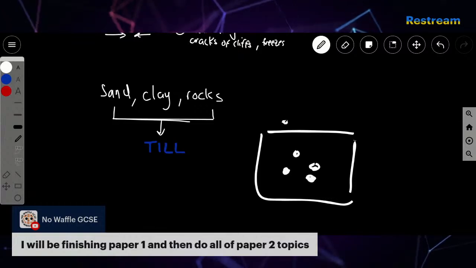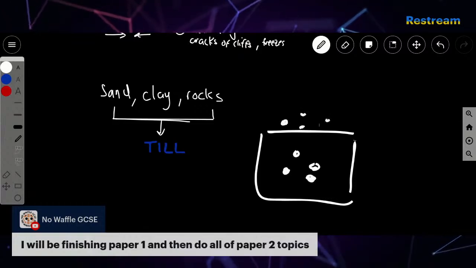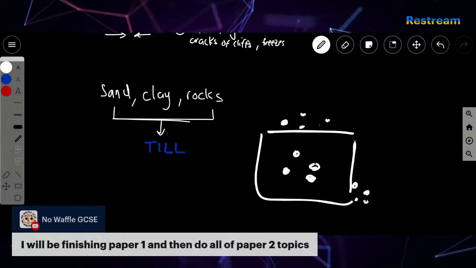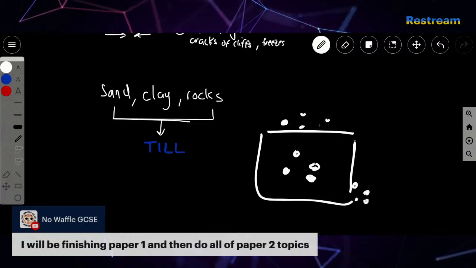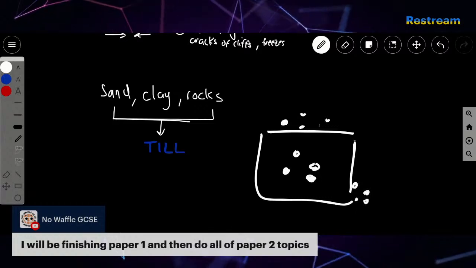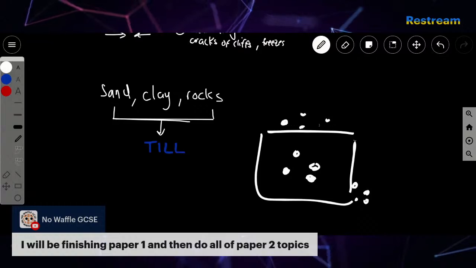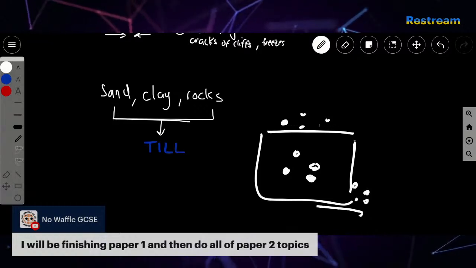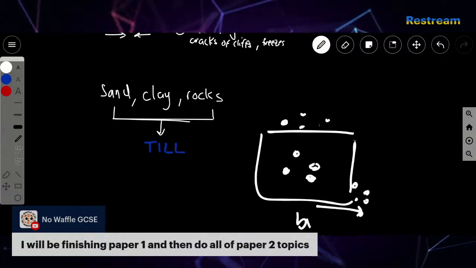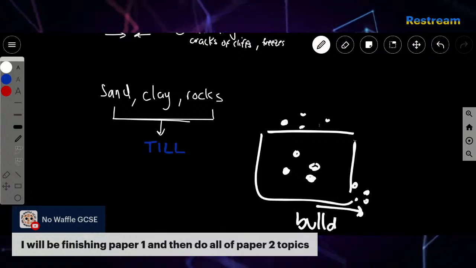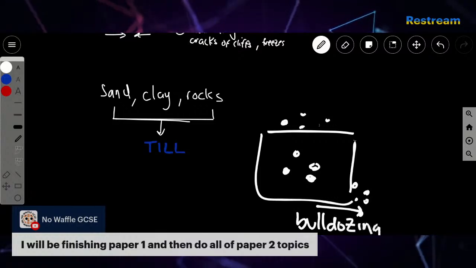It can be carried on top of the glacier, or it can be pushed in front of the glacier. So they're the three ways it can transport things. However, what we say is when a glacier pushes loose material ahead of it, this is called bulldozing. When it pushes it ahead.